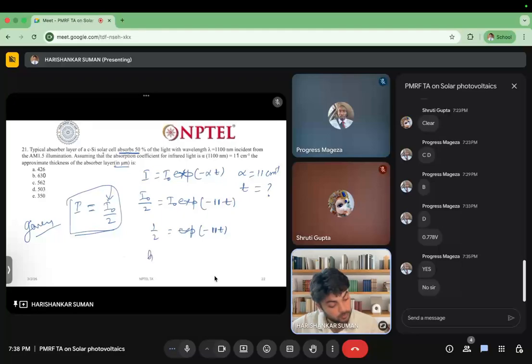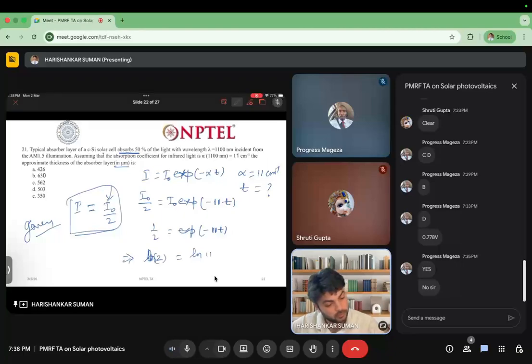Or just take ln 2, now ln will remove, and 1 by 2 gives 2, minus minus cancel out, 11t.